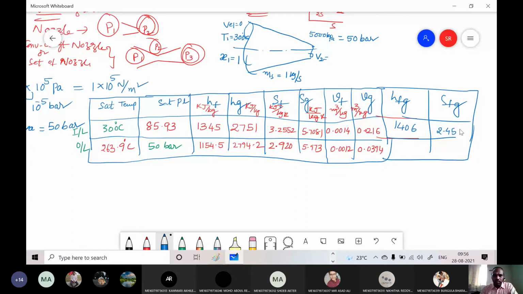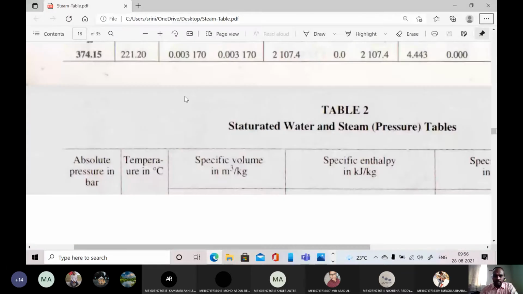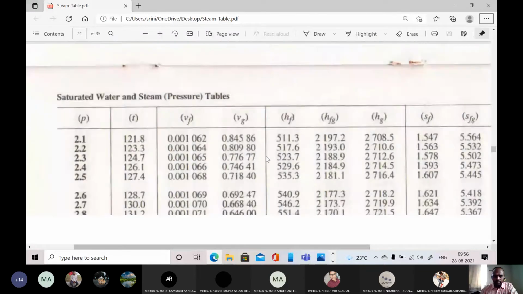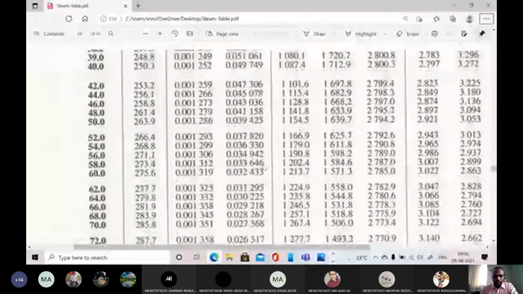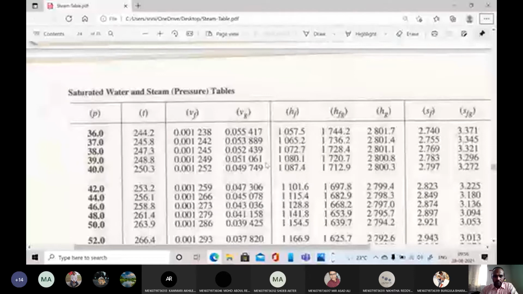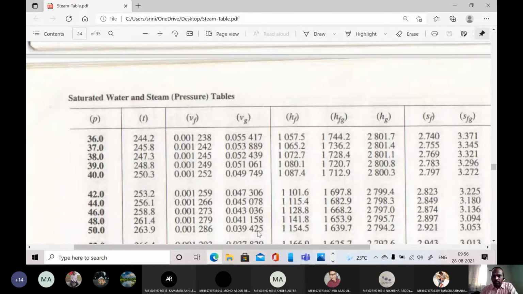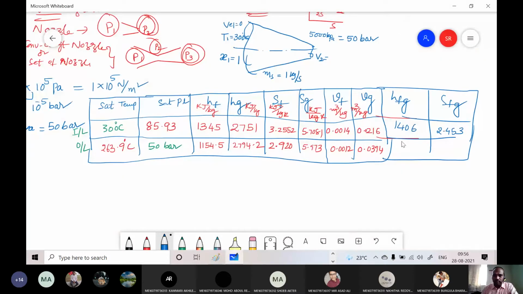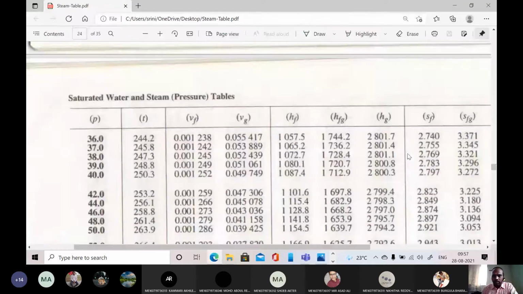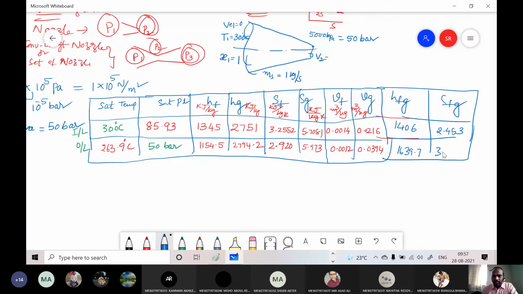At 50 bar pressure I should refer to the next table. In the bottom line, HFG is 1639.7. Then SFG is 3.053. Agree? Clear so far?